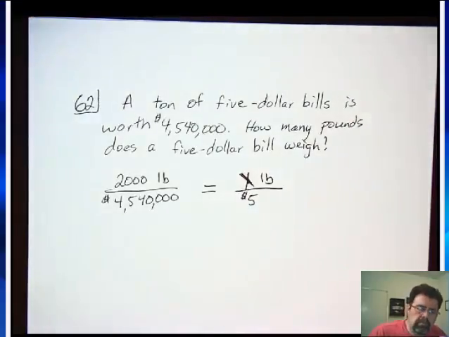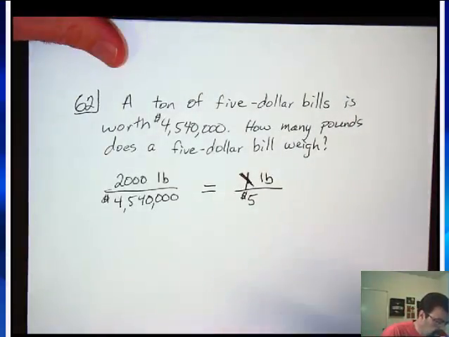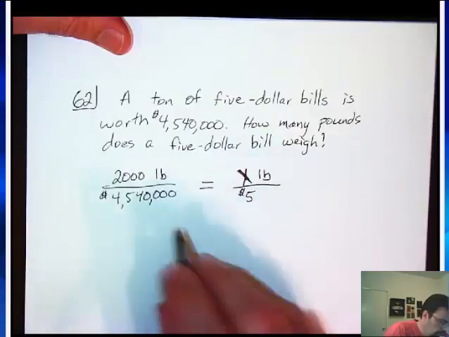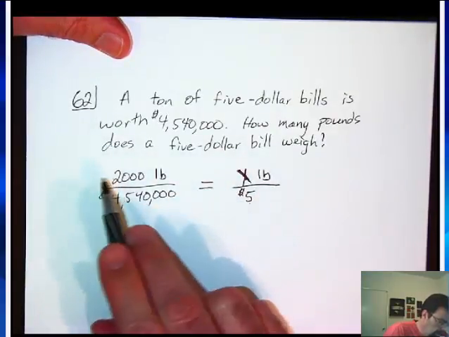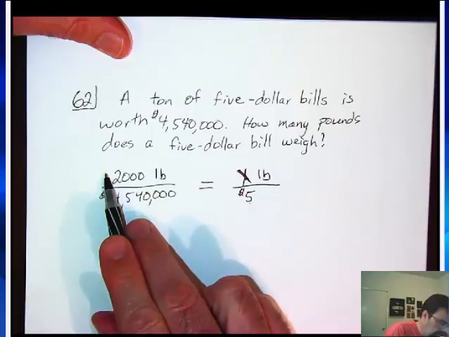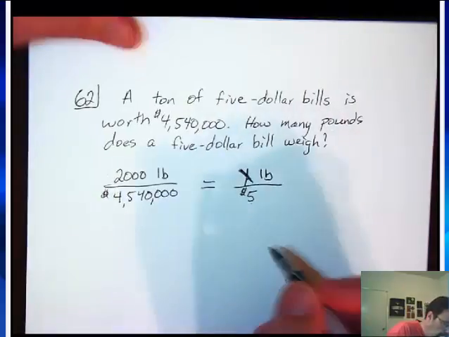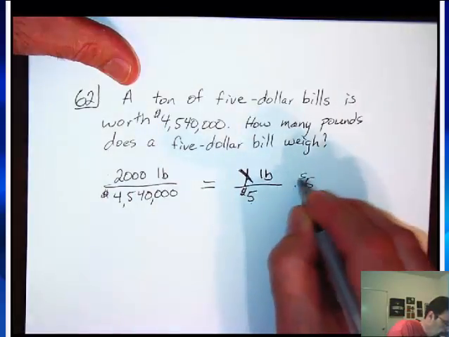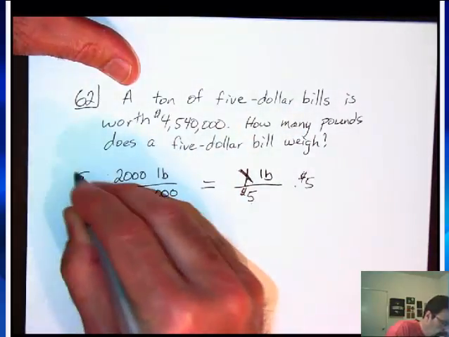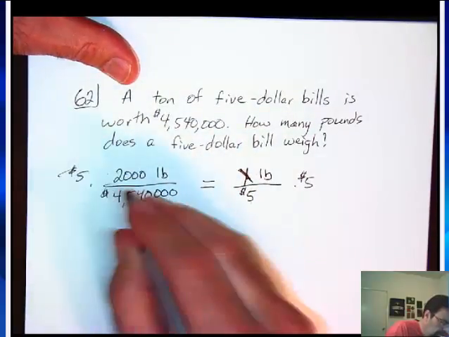Okay, so we can set up this proportion. So I'm going to cross multiply both sides by 5. And you see the dollars cancel.